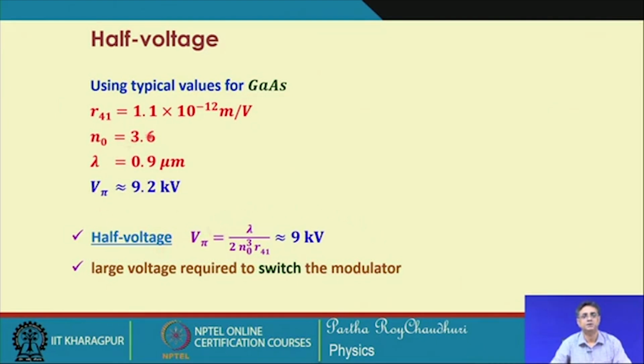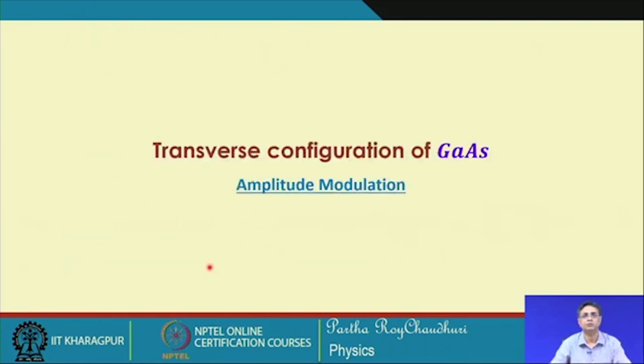So, there has been some improvement when switching from phase modulation to amplitude modulation, and still this required voltage is very high, of the order of 9 kilovolt, and then we will see if we can improve this design of the modulator, so that the voltage required is much less.